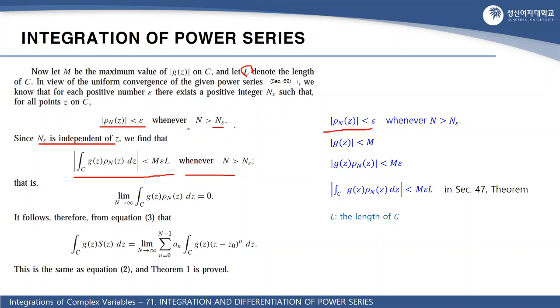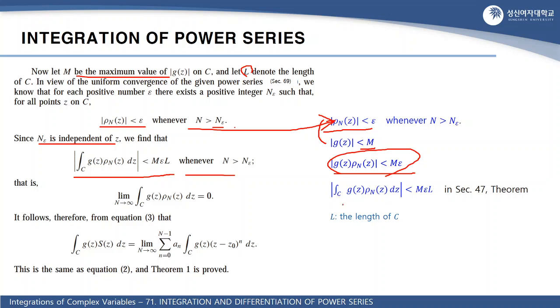It comes from this. And also by assumption, the absolute value of g of z is less than large M. So from these two inequalities, we have that the absolute value of g times rho sub N of z is less than M times epsilon.